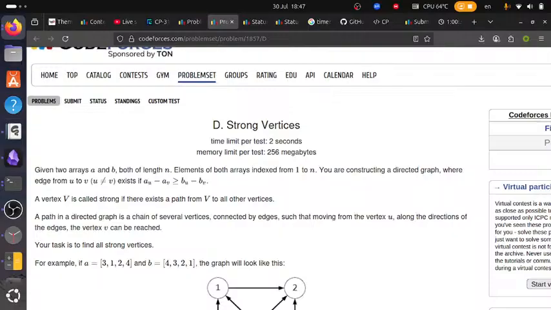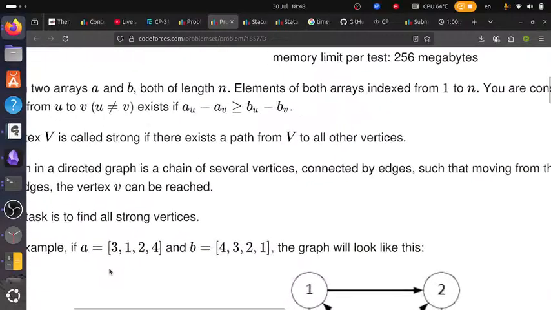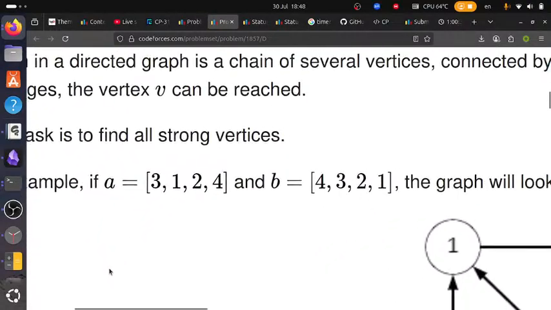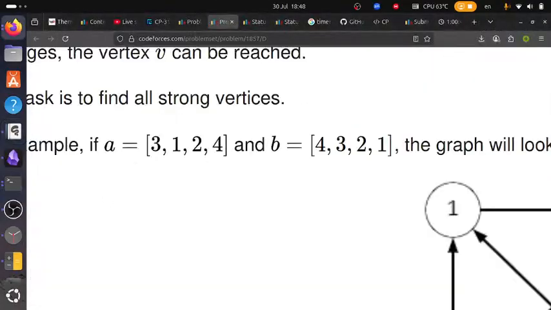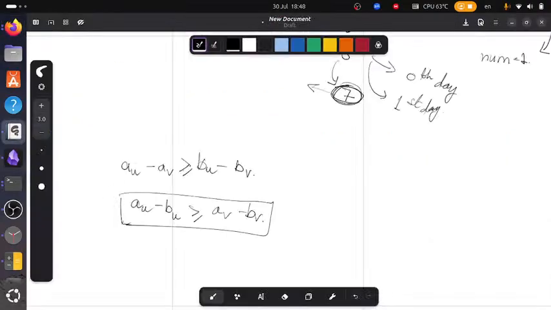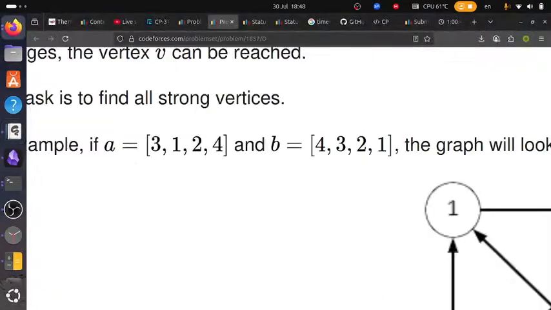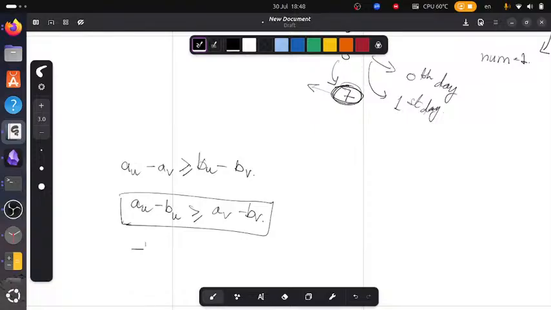And if you look at this right here, this becomes what? So 3 minus 4 is minus 1.